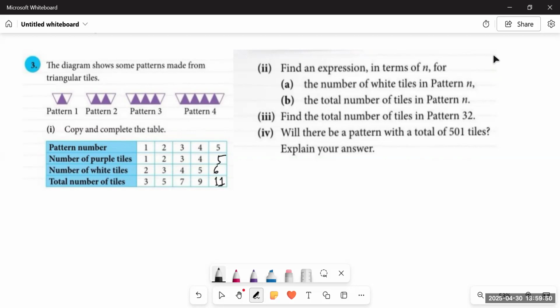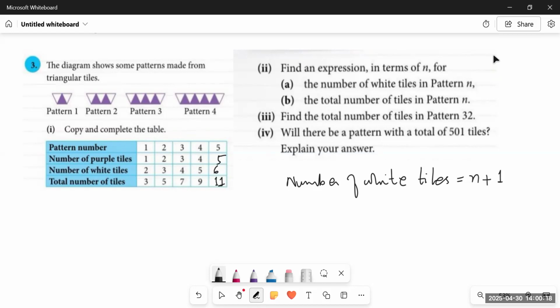Now, in question number 2, they are saying find an expression in terms of n for the number of white tiles in pattern n. So in pattern n, the number of white tiles would be n. Whatever is the pattern number, it would have the same number of white tiles. Sorry, n plus 1. We are talking about white tiles, not purple. And if we talk about the purple tiles, it would be n.